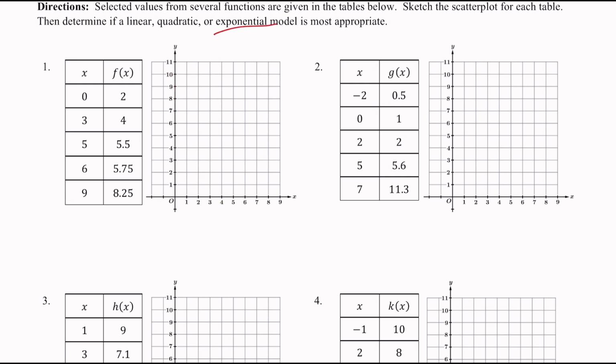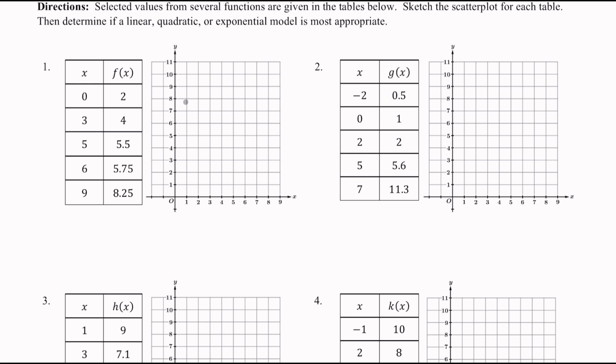And then we have exponential here, which is the output values are increasing proportionally. They're getting multiplied by a ratio, and usually it'll look like this. So we're going to graph these.